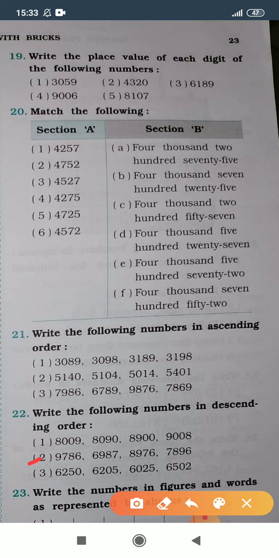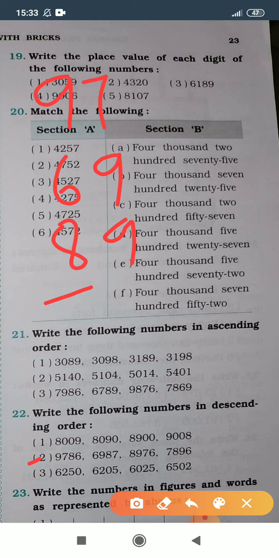Let's see number 2. First we'll write two digits. Okay, 97, 69, 89 and 78. So here we need not go to the third digit because we are getting the answer here. So which one is the greater? 97. After that 89.